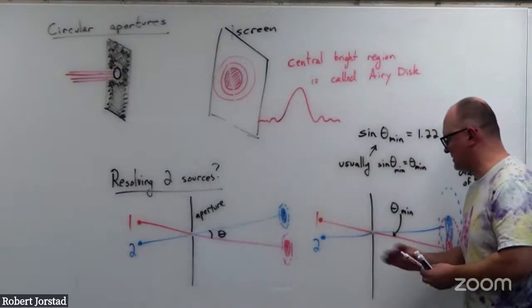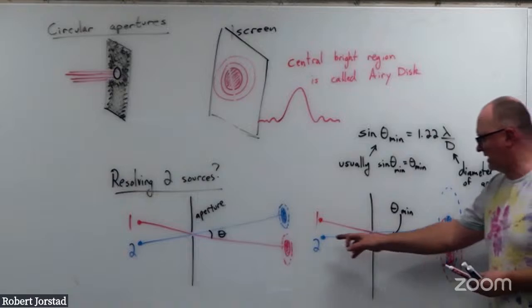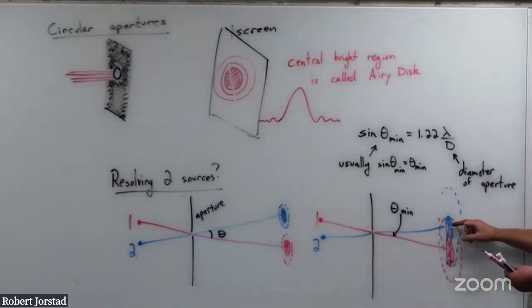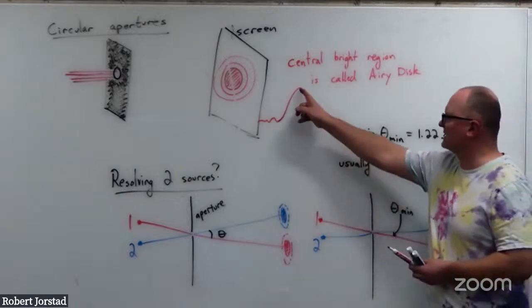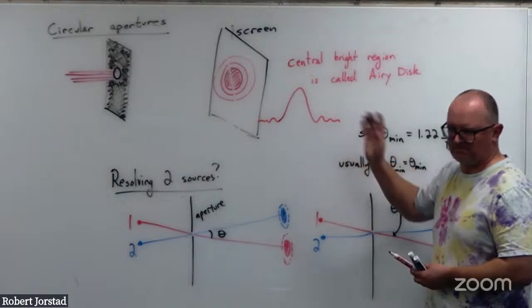The maximum of 1 is centered on the first minimum of 2. And likewise, the maximum of 2 is centered on the first minimum of 1. So, right, you want this bright spot to be located at the other one's first minimum.